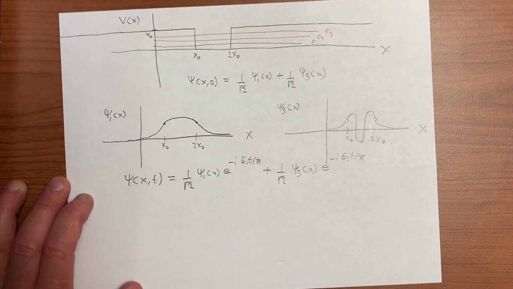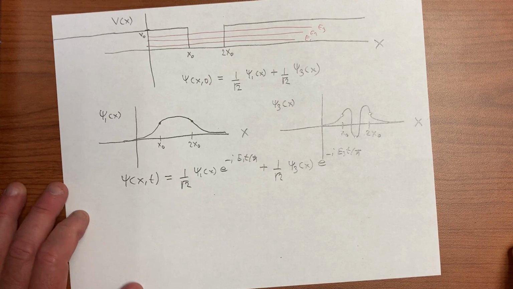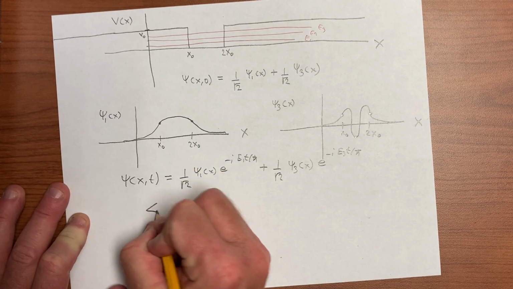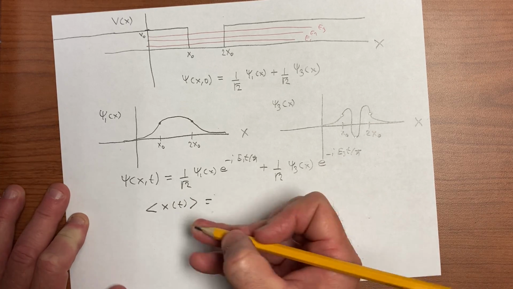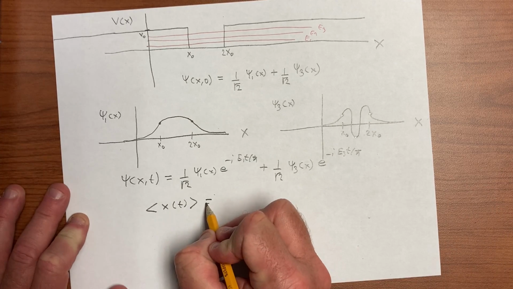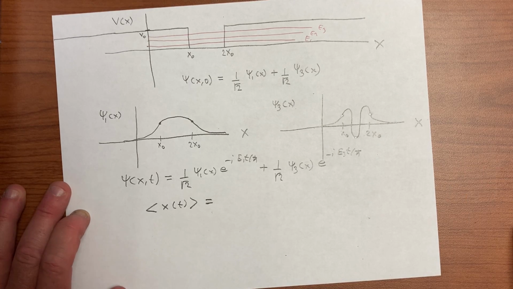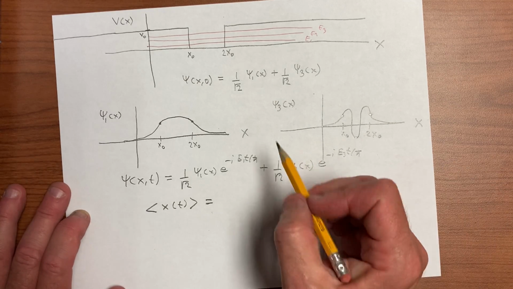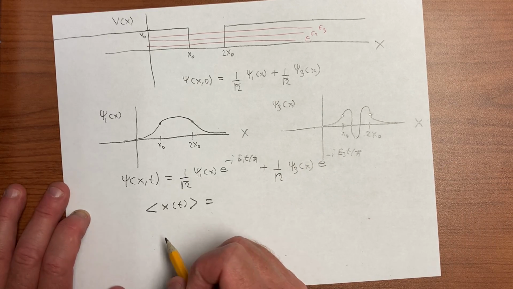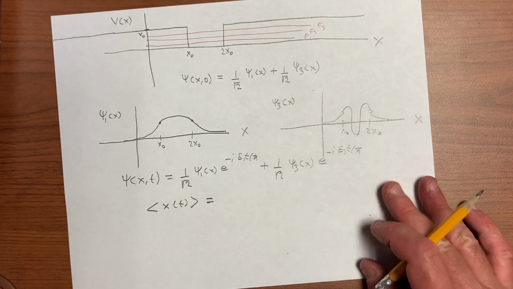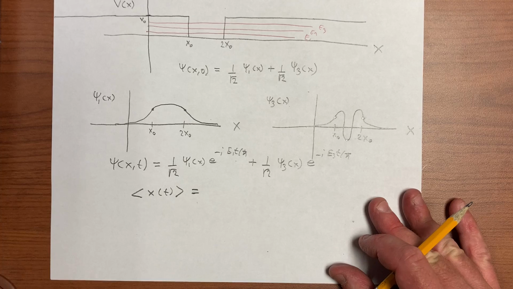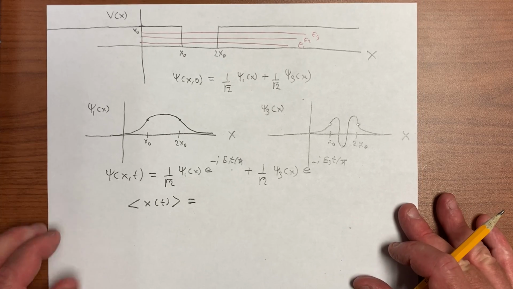So what kinds of things can we conclude about this superposition? Well, let's consider the expectation value of the position. Even functions. So none of the terms in psi of x and t, or the probability density, can prefer one side of the well over the other.